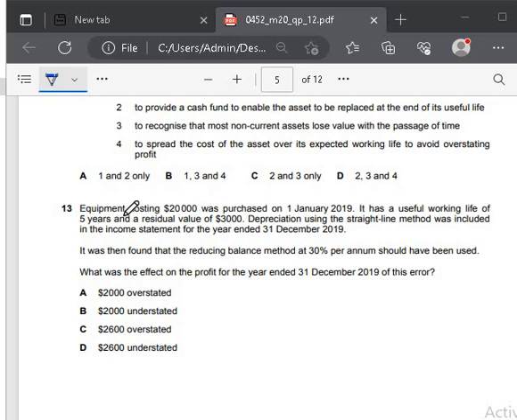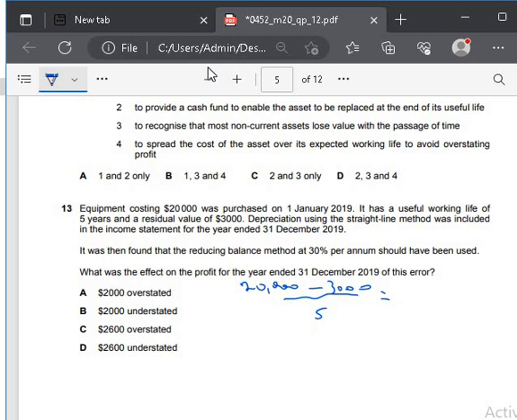Now, if the straight line method was used, it simply means that they calculate the annual depreciation by taking 20,000 minus 3,000 divided by number of years, which is 5 years, right?